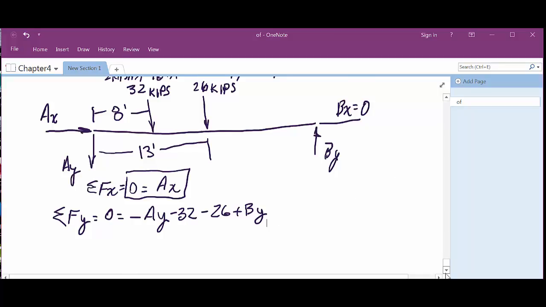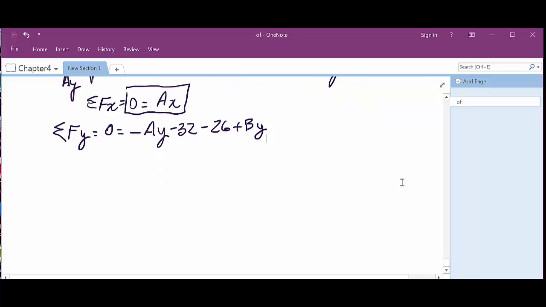Well, it doesn't change the fact that we have 2 unknowns. Okay, so we have to do a moment. So a moment at A equals 0. What we had was 32 kips at 8 feet, right? Negative, because they're going down.